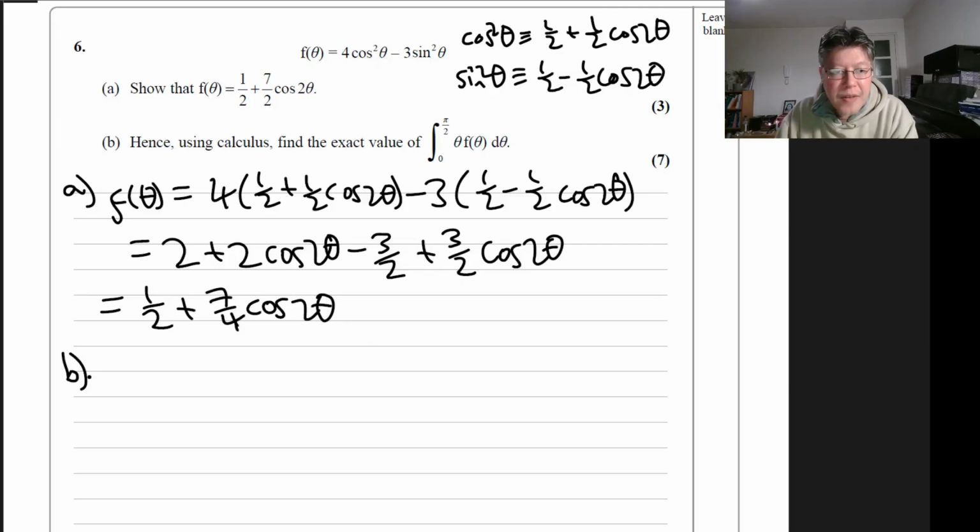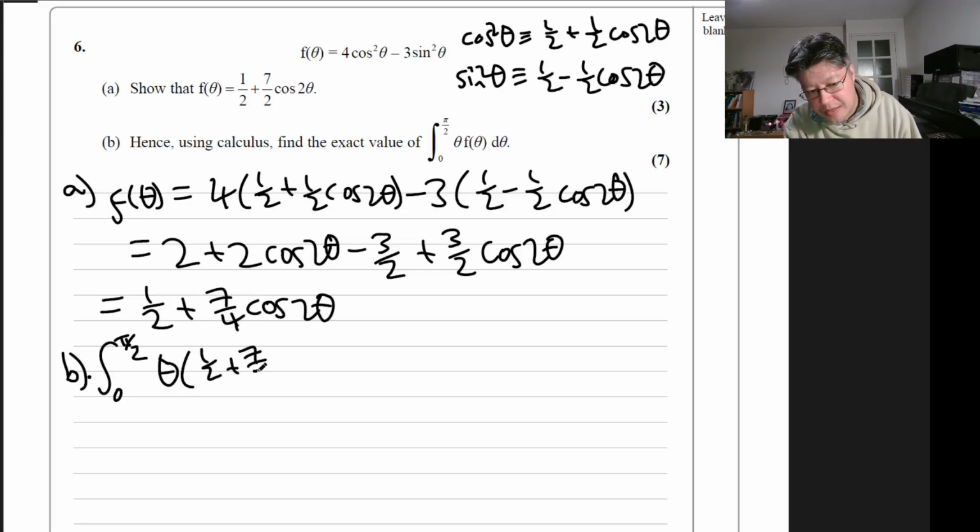So part B, we need to work out the definite integral of theta f theta. So let's write that out. So the integral from 0 to pi over 2 of theta, and f of theta, we're going to replace that with part A. So that's half plus 7 over 2 cos 2 theta d theta.